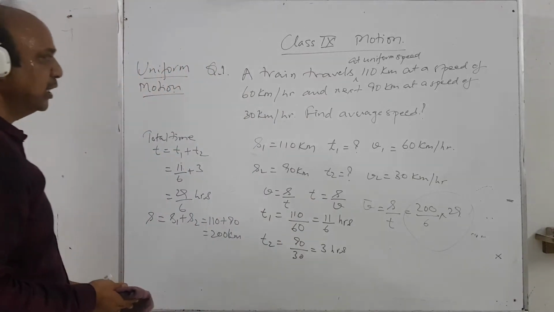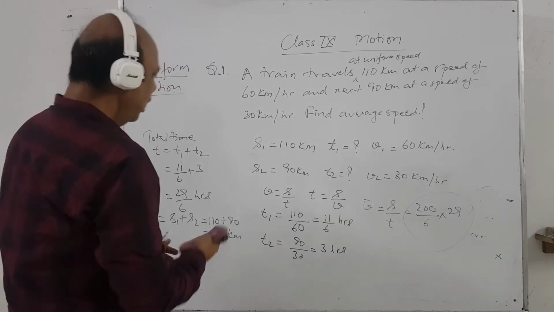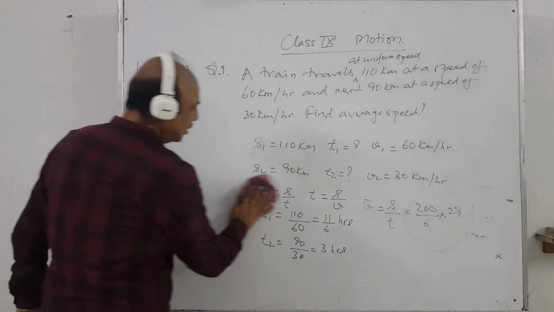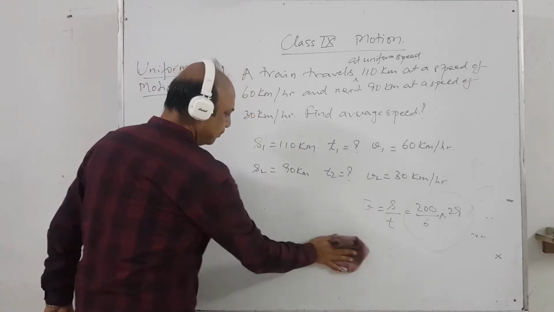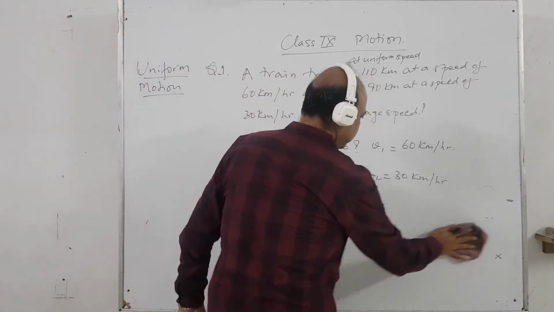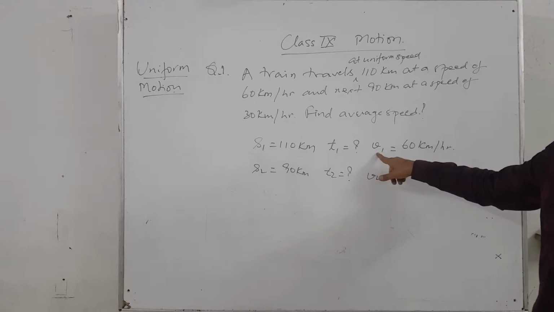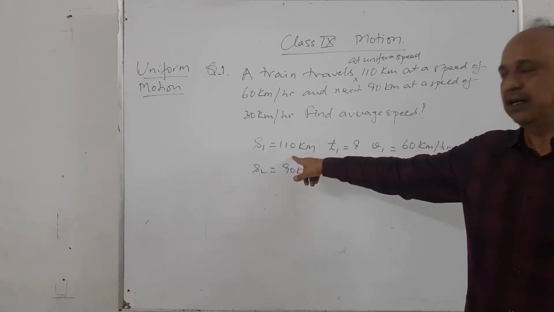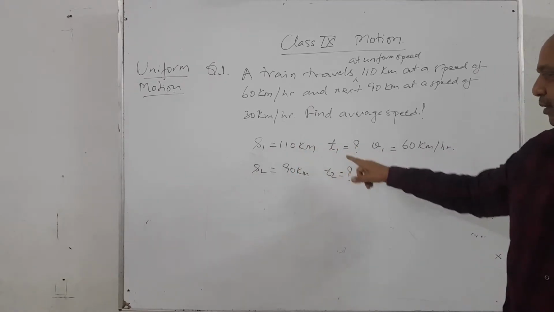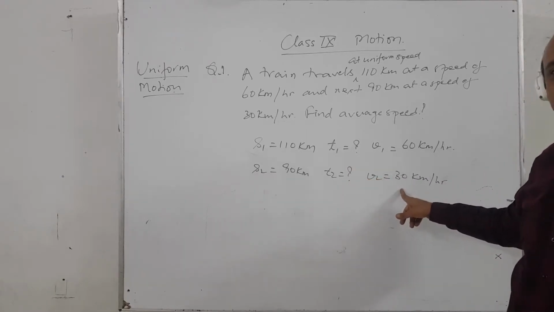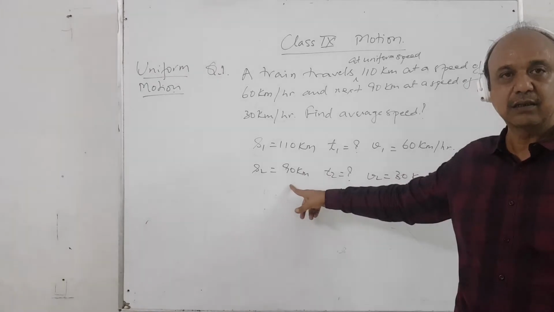Now, how can this question be complicated? Just look at this data. When we look at this data, I can give you speed here, distance here, I don't give you the time. Second case, I can give you the time, the speed, but don't give you the distance.